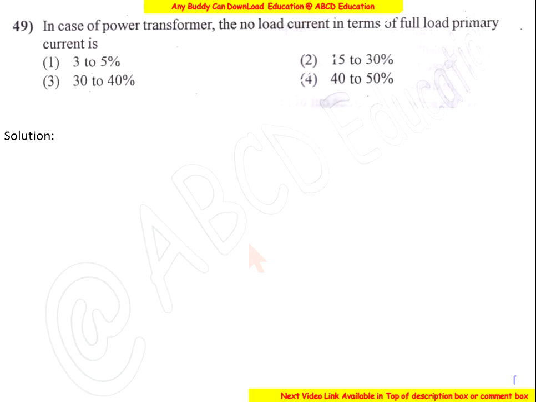Due to the air gap, there is 30 to 40% no load current, but in the transformer there is no air gap. Here we use iron, so the no load current is very low, 3 to 5% of full load primary current. So the answer is first.